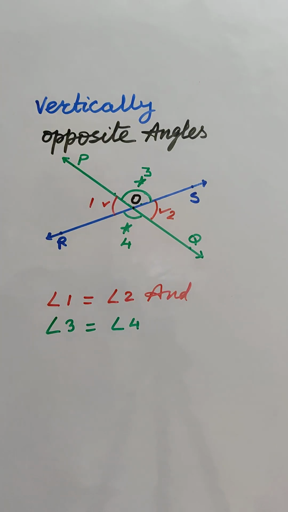So this way angle 3 and angle 4, which are marked with a green star, are vertically opposite angles, so as angle 1 and angle 2, which are marked by a red tick.